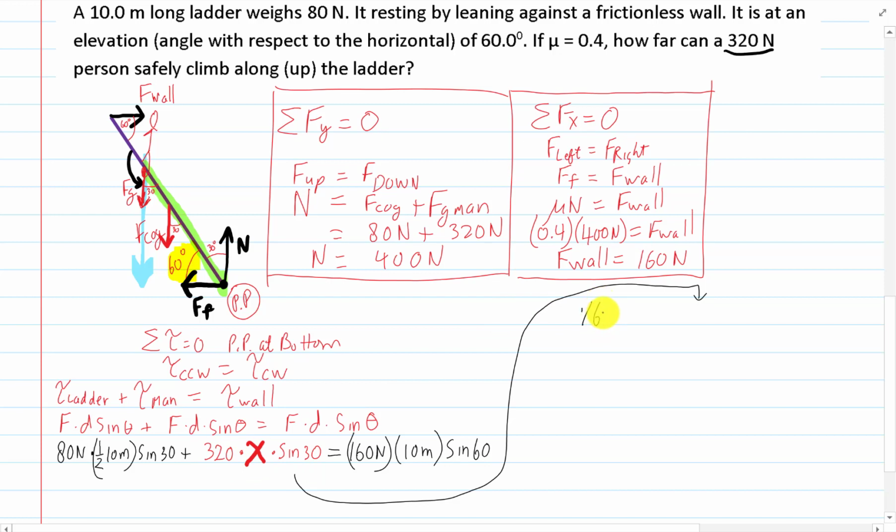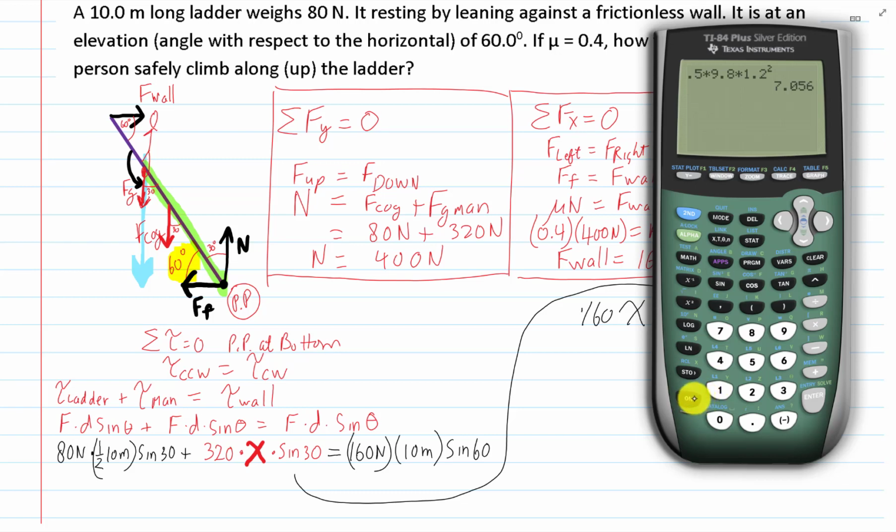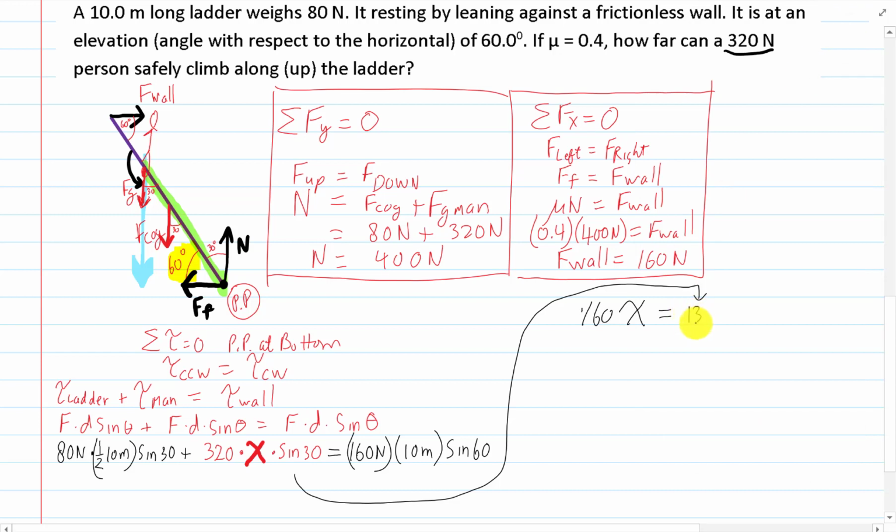So 160x is going to equal 160 times 10 times the sine of 60, which is 1385.64. And then this torque has to be moved to the other side, so we have to subtract it. And the units for that are Newton meters, by the way.